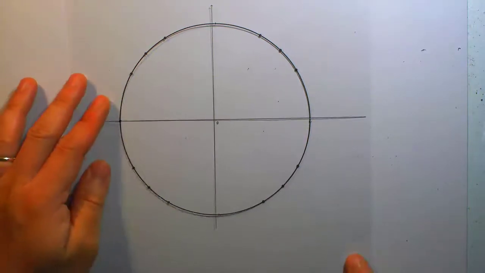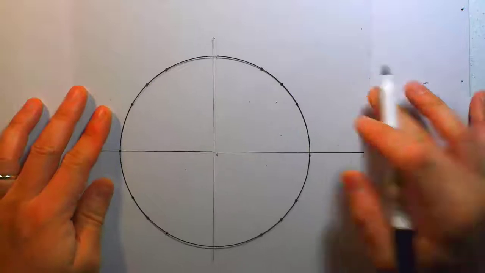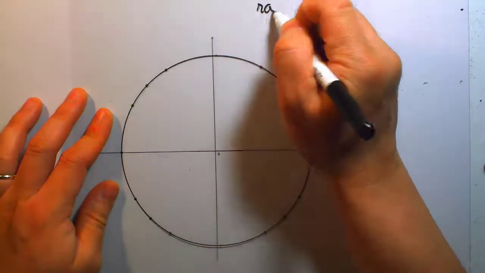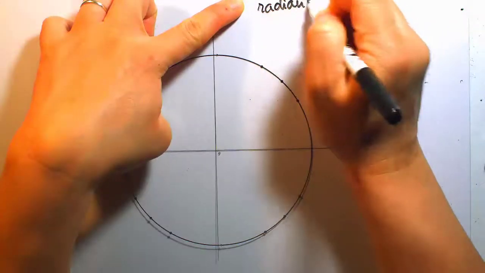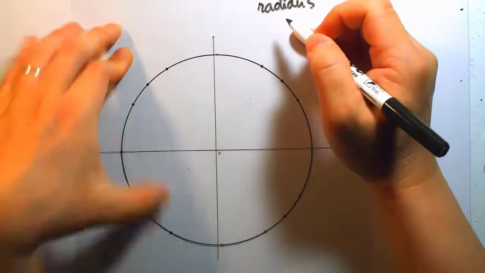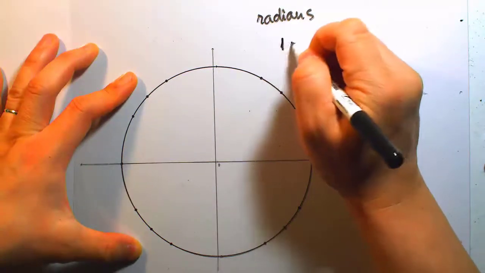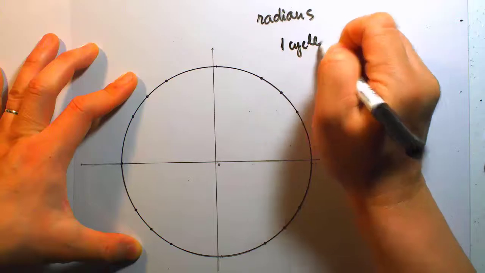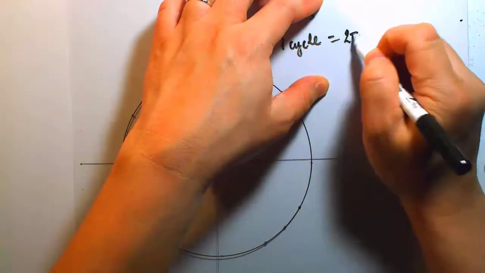So what about in radians? Looking in terms of radians, keep in mind that one cycle or one rotation equals 2 pi.